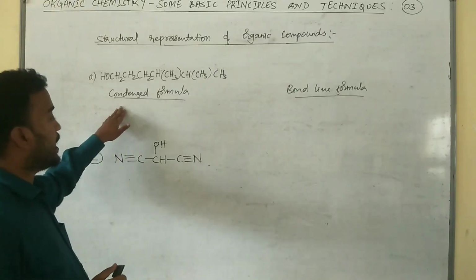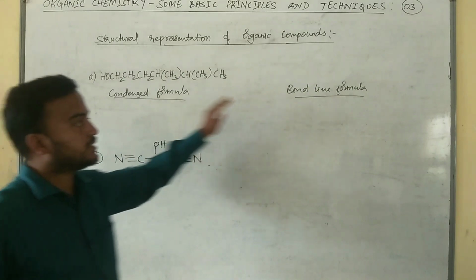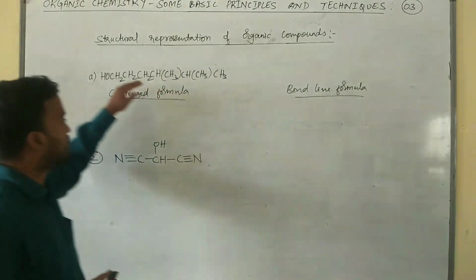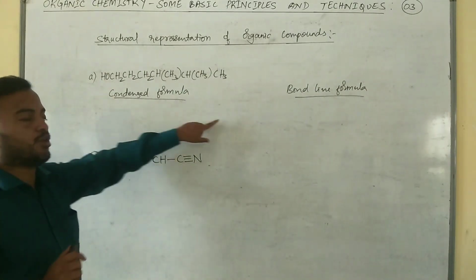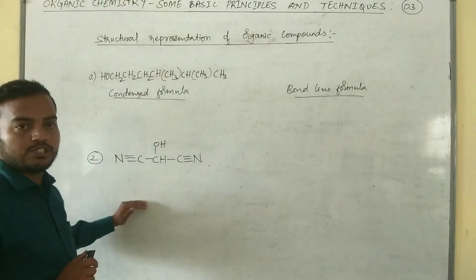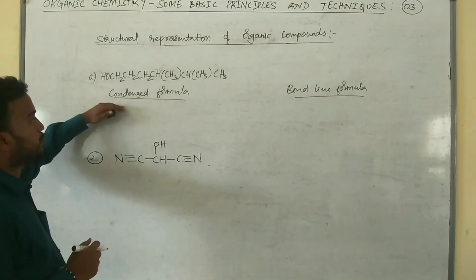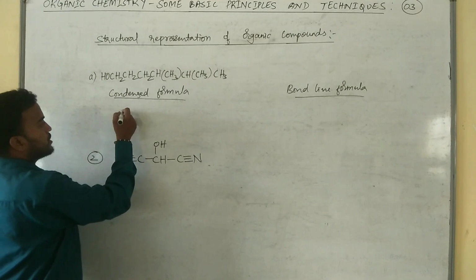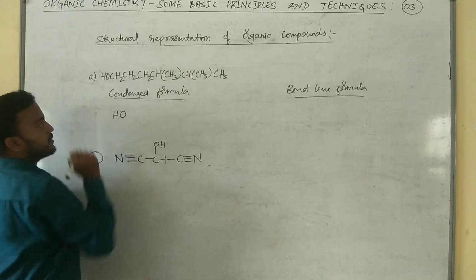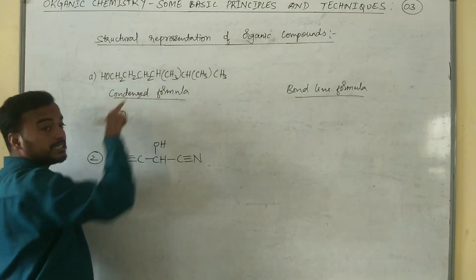Let's solve some NCERT text questions. Write the condensed and bond line formula for these two structures. So this is the first compound. First we have to write the condensed formula. I will write OH, then CH2 three times, as the CH2 unit gets repeated 3 times.